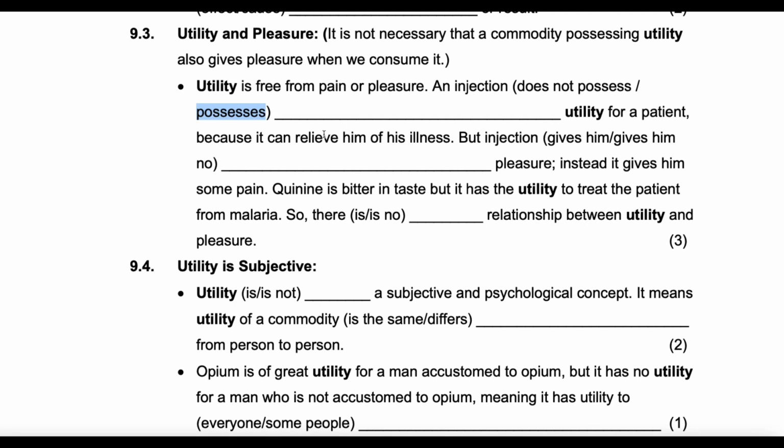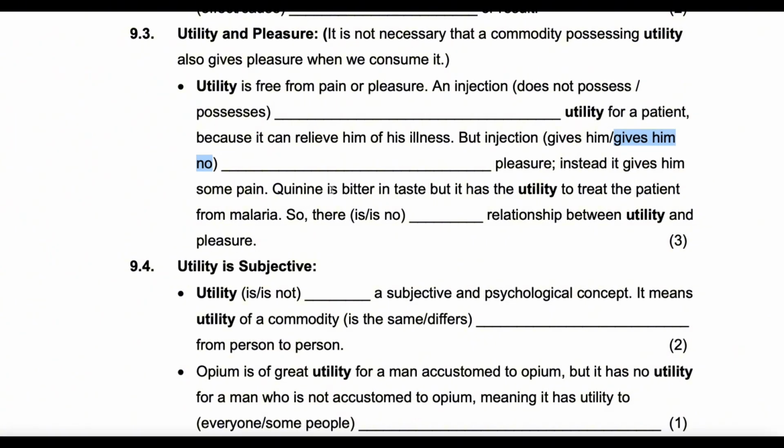It does possess utility for a patient because it can relieve him or her from illness. But injections give him no pleasure. So we're taking the second option. Gives him no pleasure. Instead, it gives him so much pain.